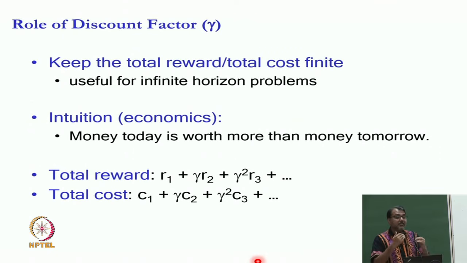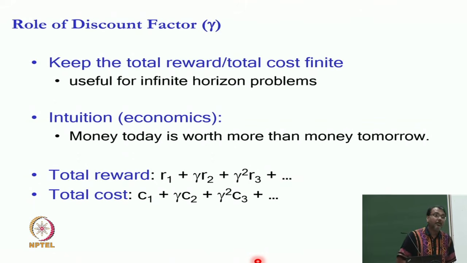The intuition is money today is worth more than the same amount of money tomorrow, and how we compute our long term reward is by saying R1 is the reward at time step 1, R2 is the reward at time step 2, but when we are adding, we will add gamma times R2. For R3 we will add gamma square times R3, and so on and so forth.